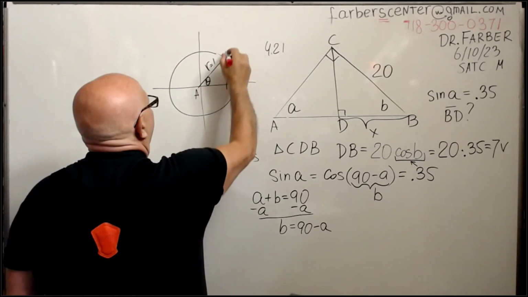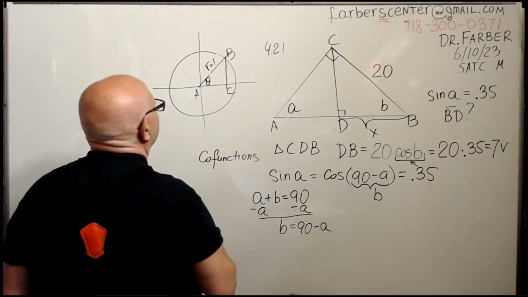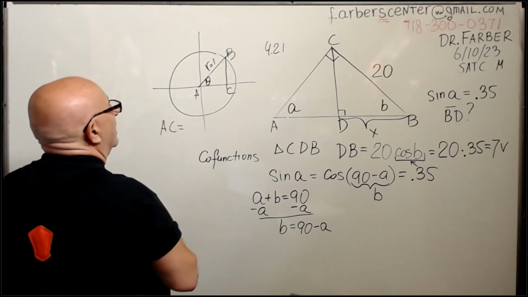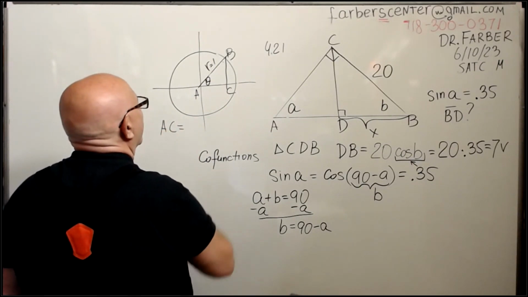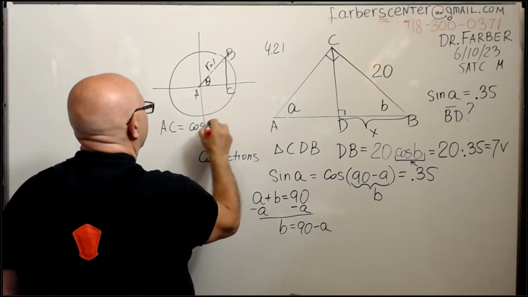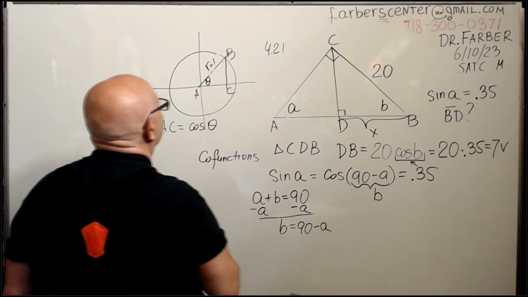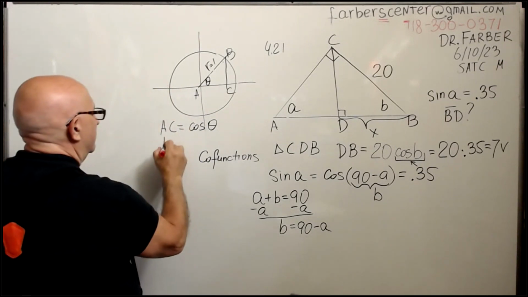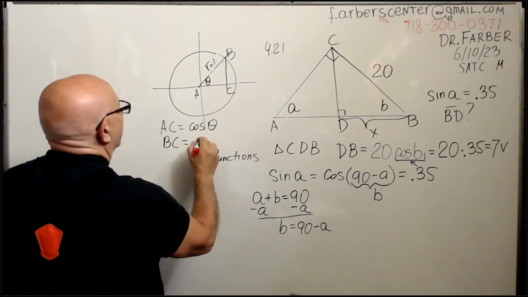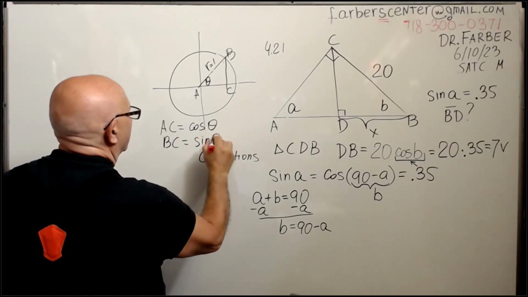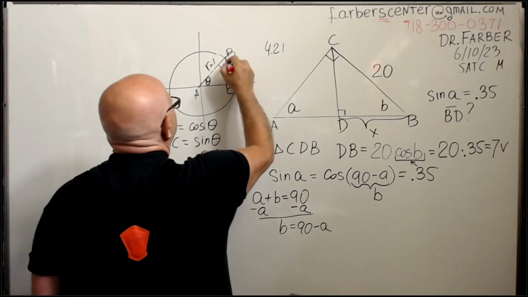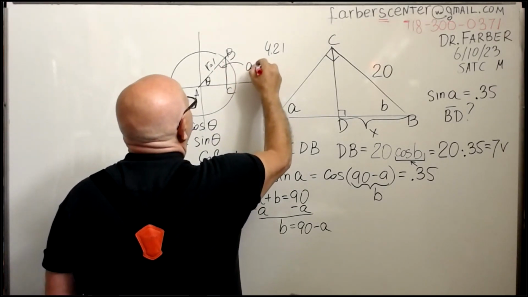And this A, B, C. So AC equals R, which is 1, multiplied by cosine of theta. BC equals R times sine of theta. From another side, angle D equals 90 minus theta.